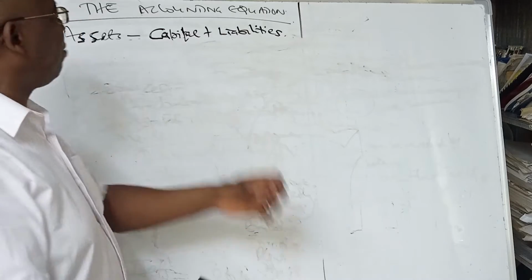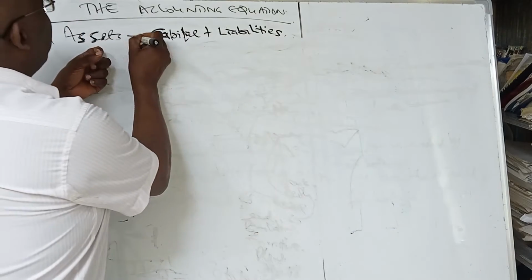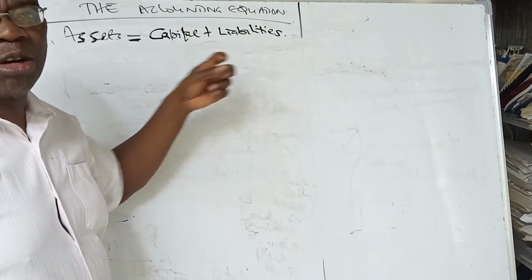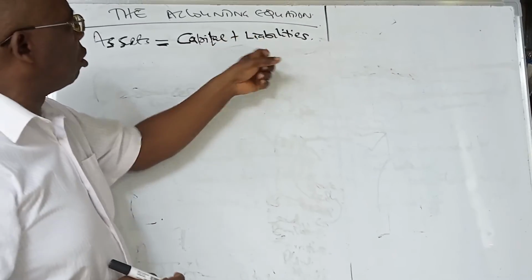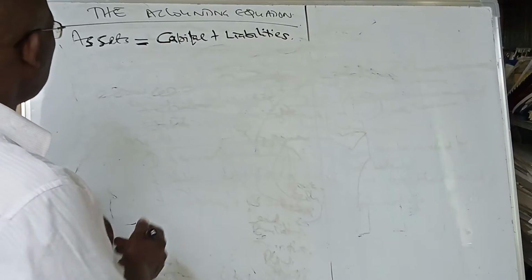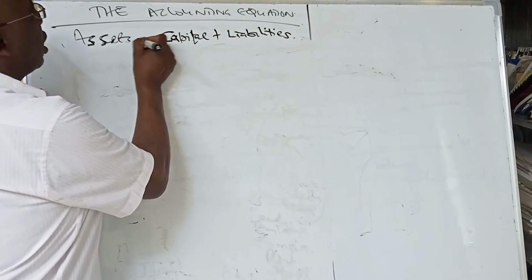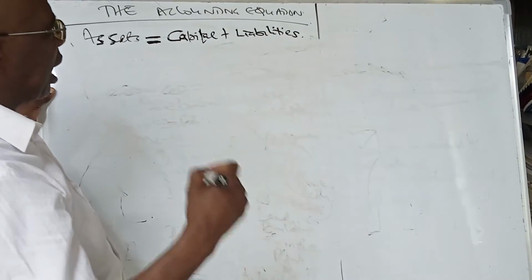You can't have assets if you don't have a source of funds. And therefore, we say assets are always equal to capital plus liabilities.